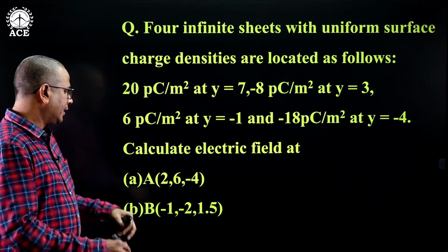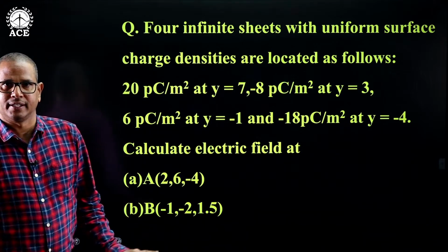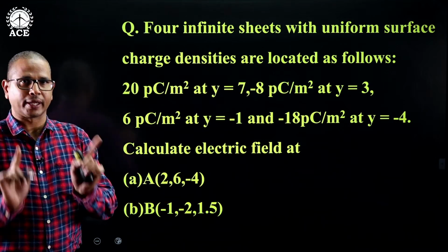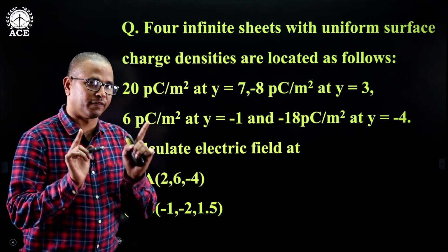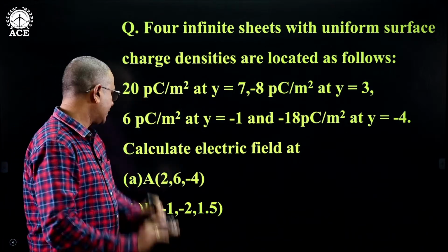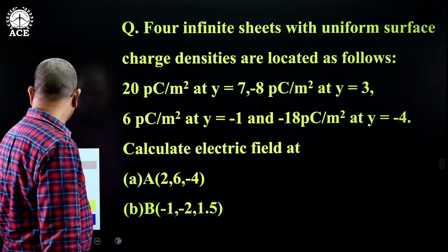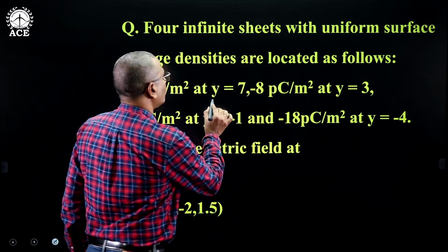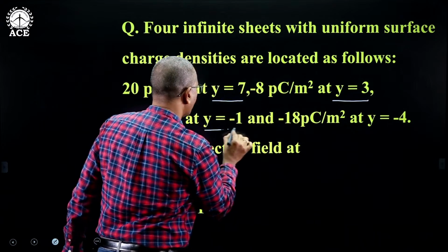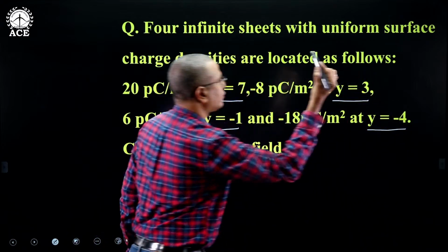Dear students, they can give points anywhere, whatever it is. Okay, look at where the sources are located. That is the very first important point you have to observe from the given data. Here in this example, the sources are at y equal to 7, another at y equal to 3, y equal to minus 1, y equal to minus 4.